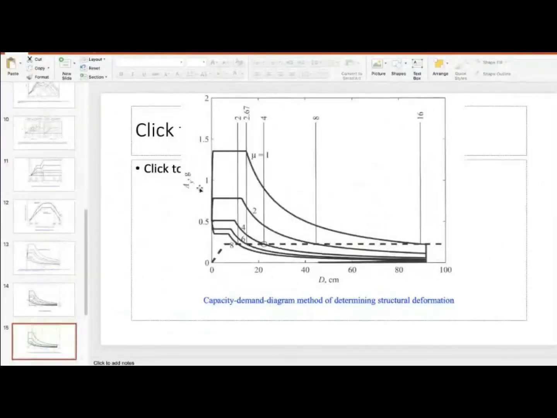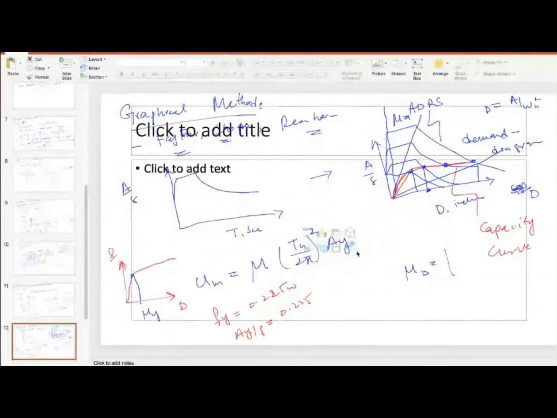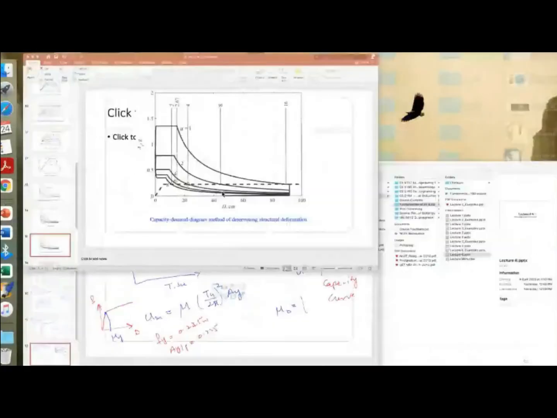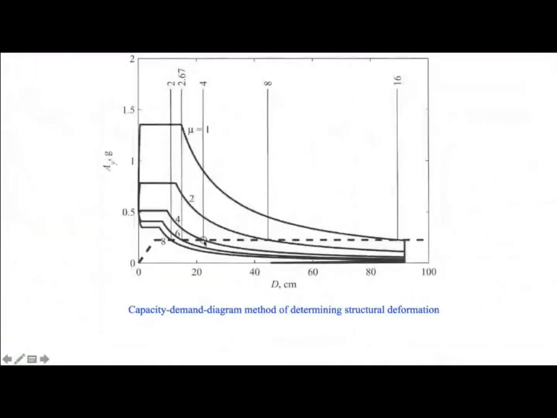Let me just go there. You can obtain the peak deformation demand on the system. You can directly obtain the deformation demand graphically, or using the equation, but this is better, you can use it directly from this equation.